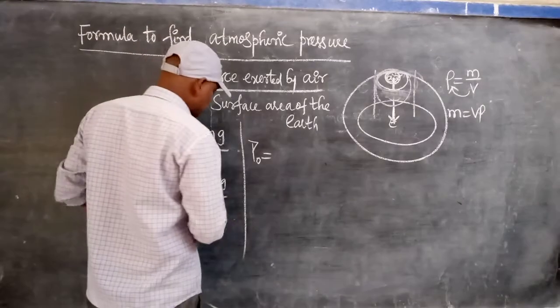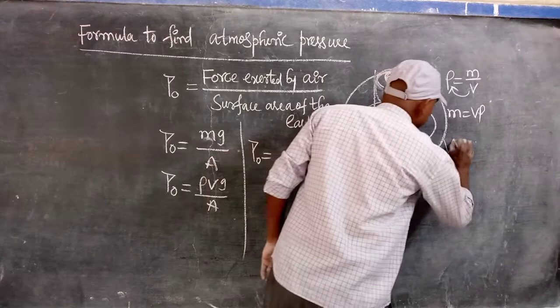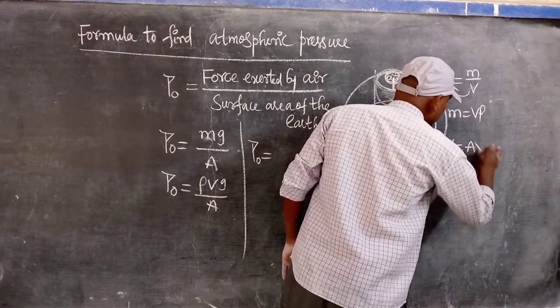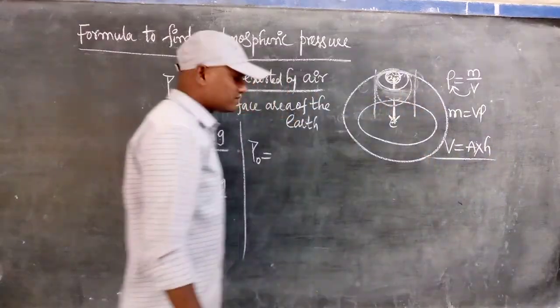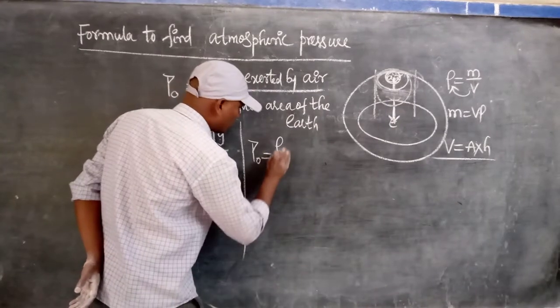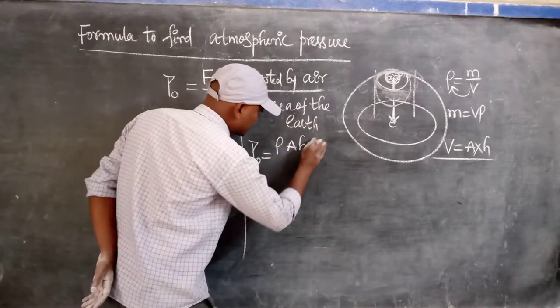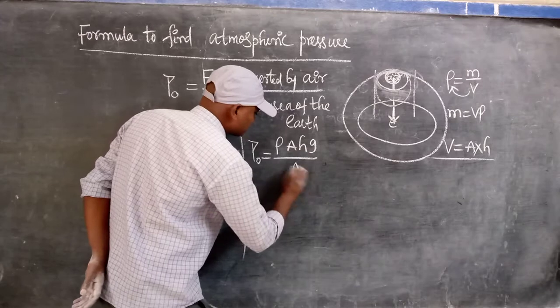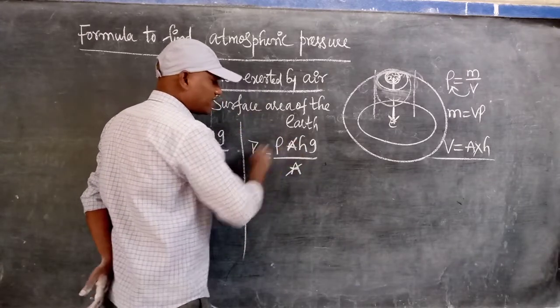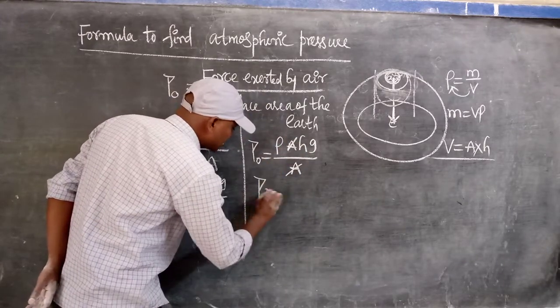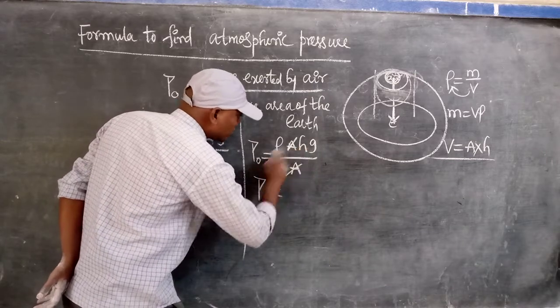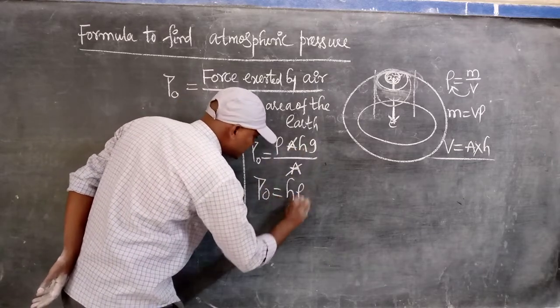Volume means area into height, so rho into area into height into G upon A. A gets cancelled. Then P naught is equal to H rho G. Simply you can write H rho G.